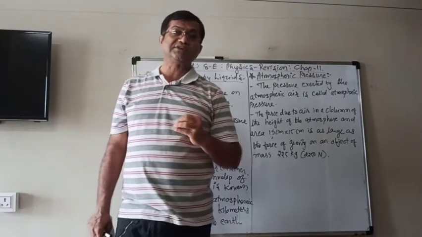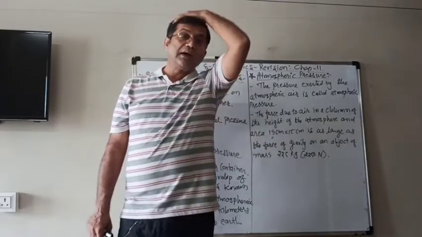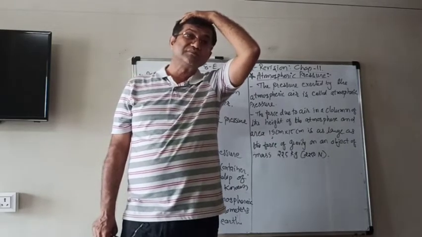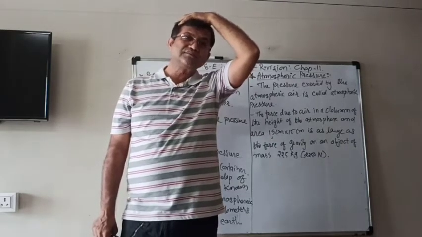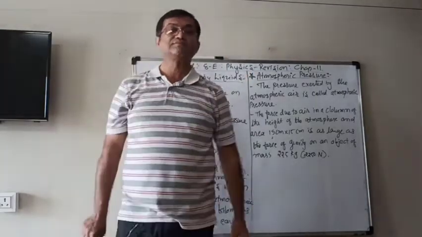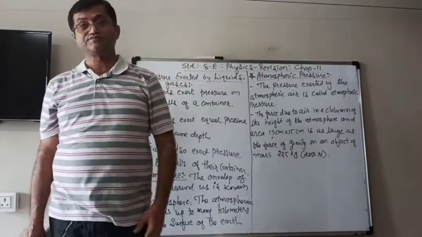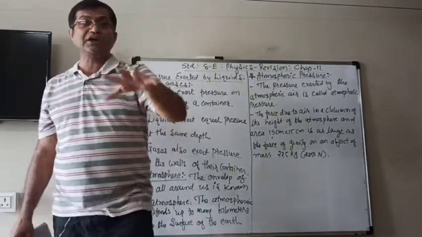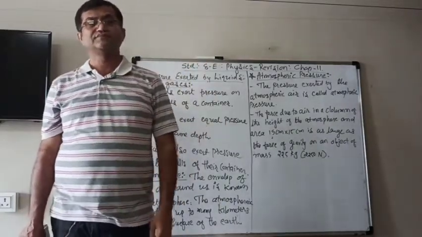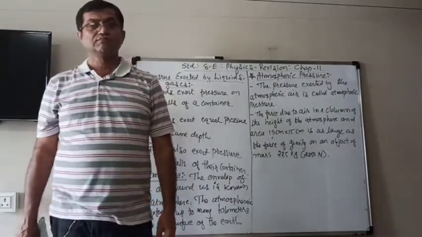Then my question is, if you take 225 kilogram mass on your head, what will happen? Can you bear that weight? You will collapse. You will get crushed. Suppose an elephant is putting his leg on your head, what will happen? You will get crushed, you will get sandwiched.